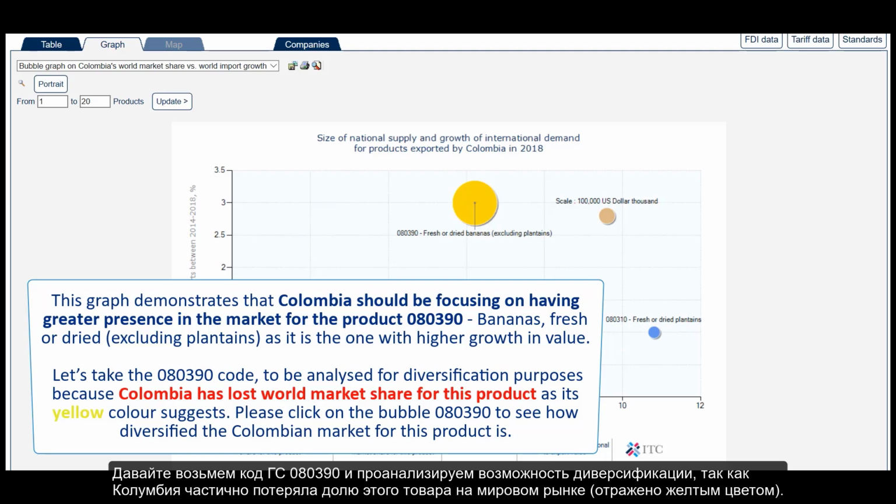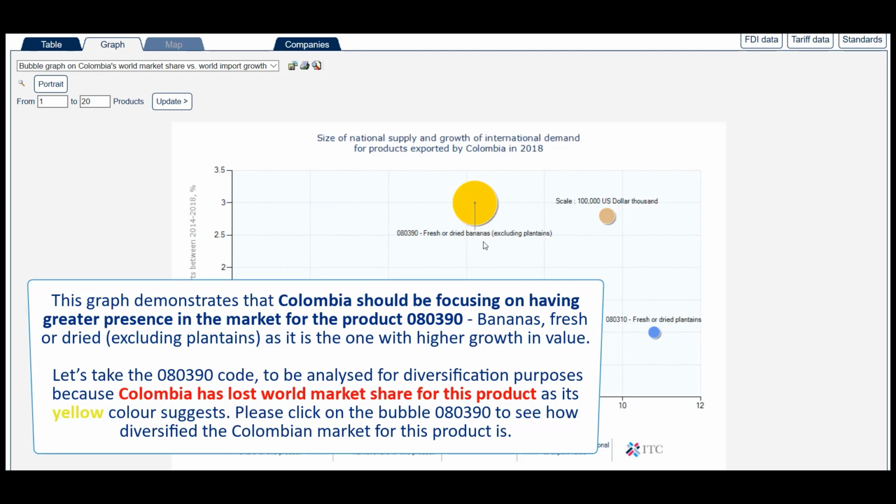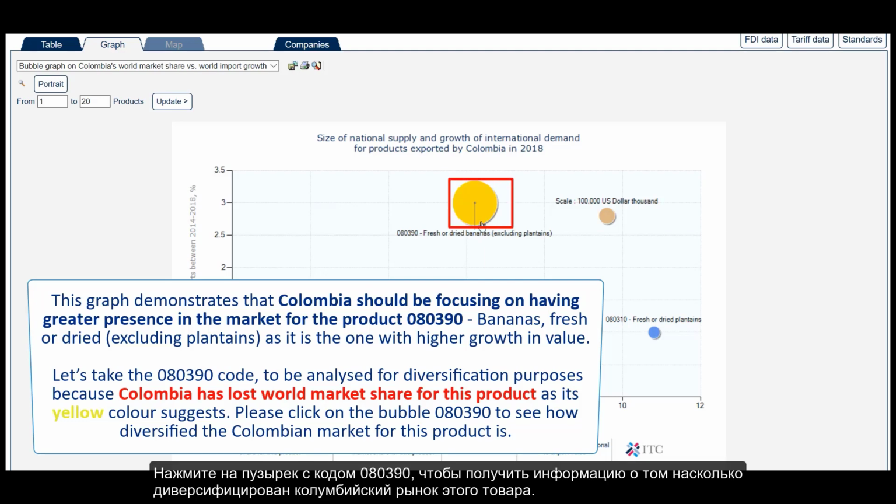Let's take the 080390 code to be analyzed for diversification purposes because Colombia has lost world market share for this product, as its yellow color suggests. Please click on the bubble 080390 to see how diversified the Colombian market for this product is.